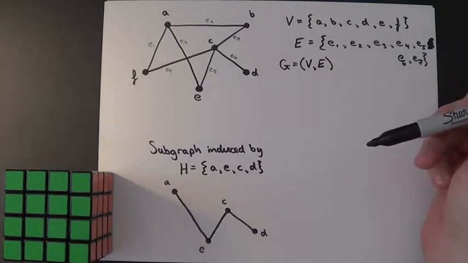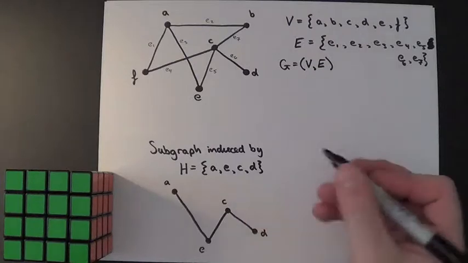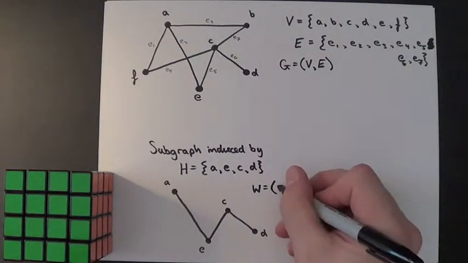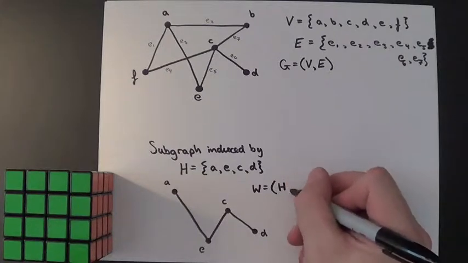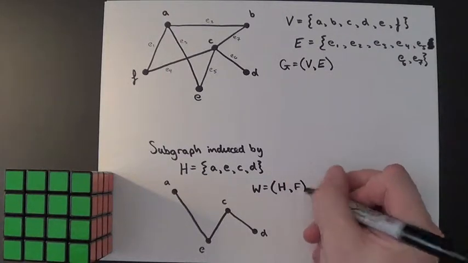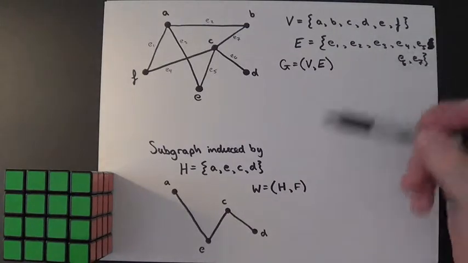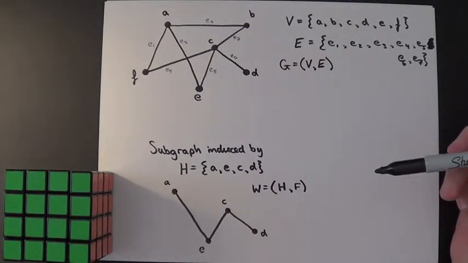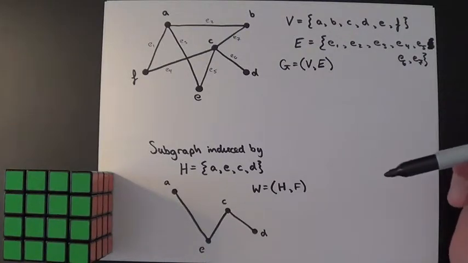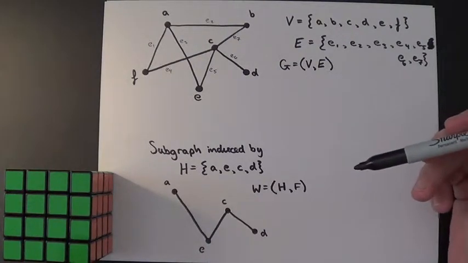First of all, call this subgraph W, and let it be a graph with vertex set H and edge set F. It's a proper subgraph because it is not equal to G, but a subgraph nonetheless.